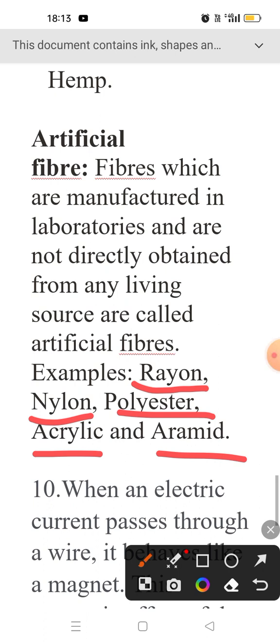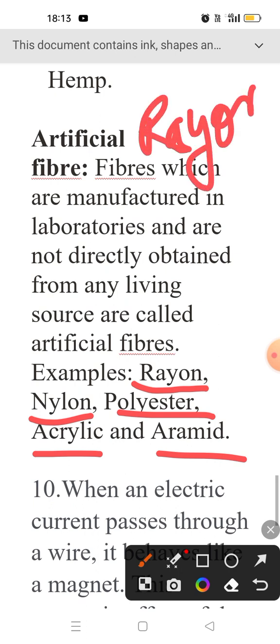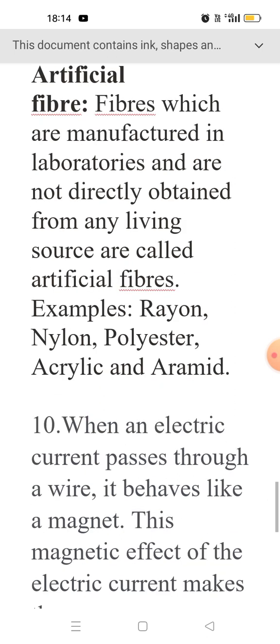Maybe one question is there: which fiber is known as artificial silk? So we call rayon artificial silk, or we call it a regenerated fiber. So you just remember this also.